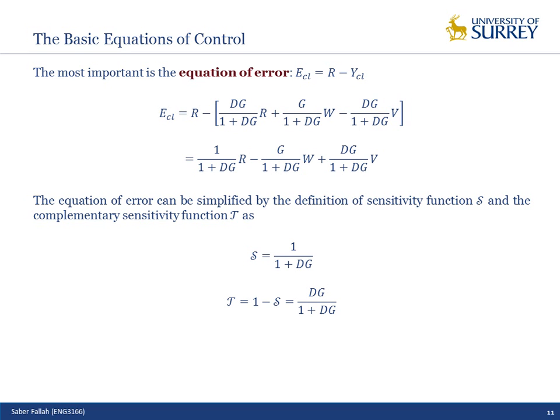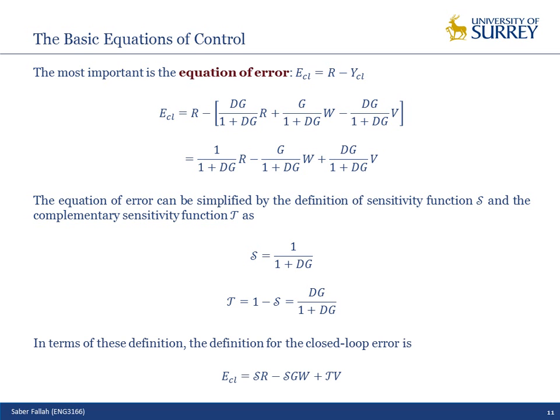Why I define S and T such that, you will find out later. But just keep in your mind that S and T, the sensitivity function and complementary sensitivity function, are defined as this. If I substitute S and T in the error of the closed loop system, the error of the closed loop system is equal to SR, where S is 1 over 1 plus dg, minus SGW plus TV. Okay?